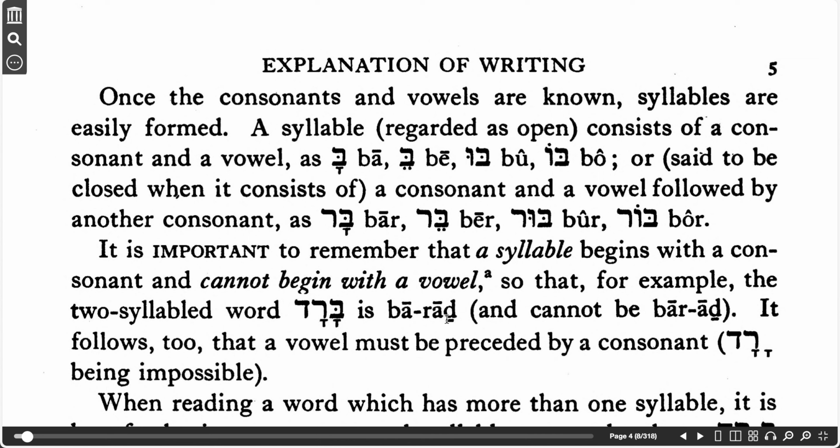It has to be ba-rad, because that one's an open syllable, that one's a closed syllable. Because a syllable cannot begin with a vowel. It always has to begin with a consonant letter, even the consonant letters that are silent. Remember the two silent consonant letters? So you think of all of these as consonants, and the vowels are the little dots and the symbols that go around it.